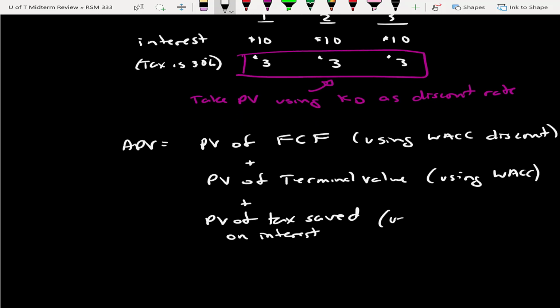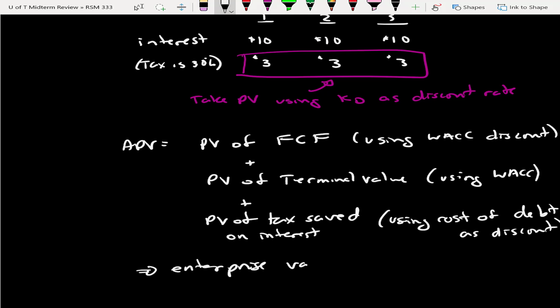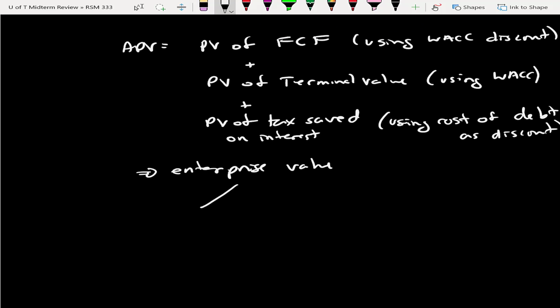And in this case, we would use cost of debt as a discount rate. Okay, so at that point, this will all give you the enterprise value. And then you can further break that down into equity and debt if you are using that to calculate the share price, just like we did for the DCF approach.